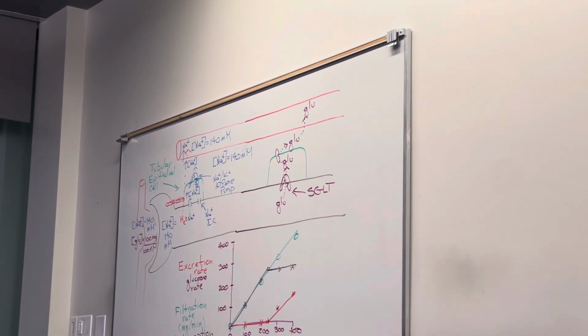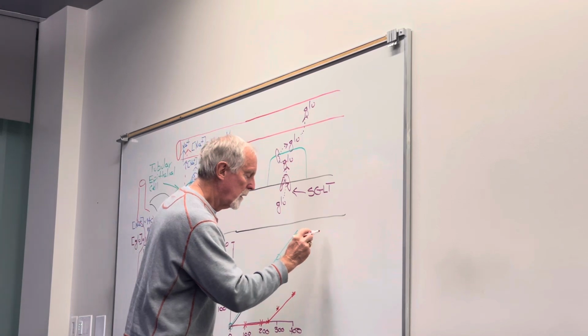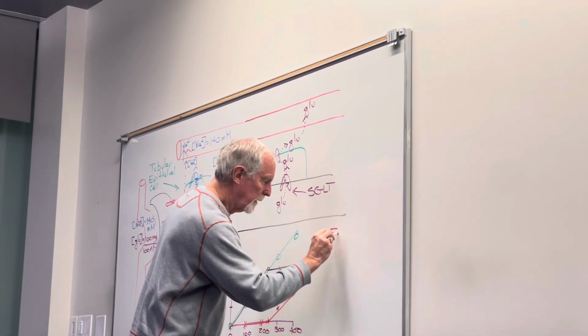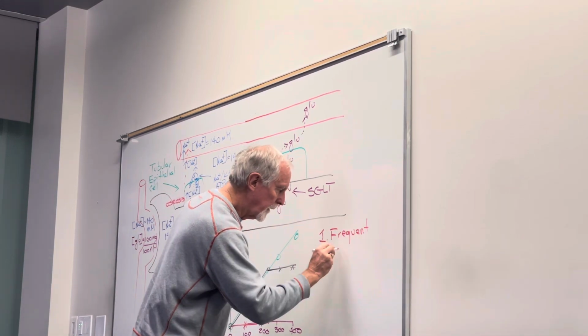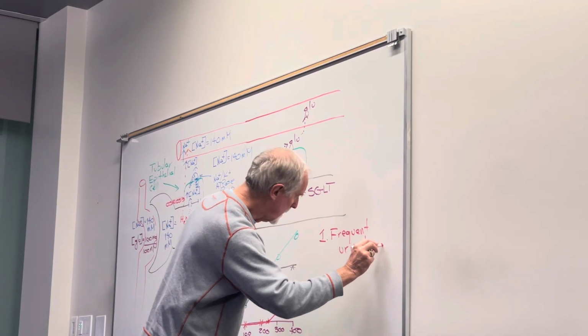They're thirsty a lot, right? That's exactly right. So two hallmarks of this are frequent urination, and they're thirsty.